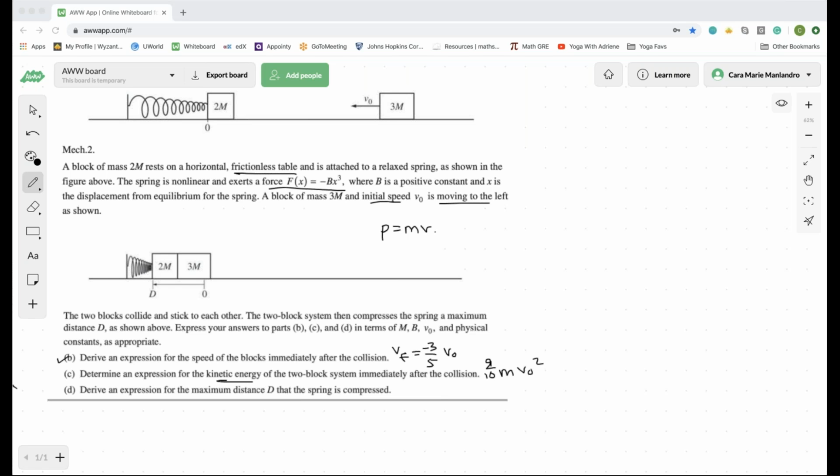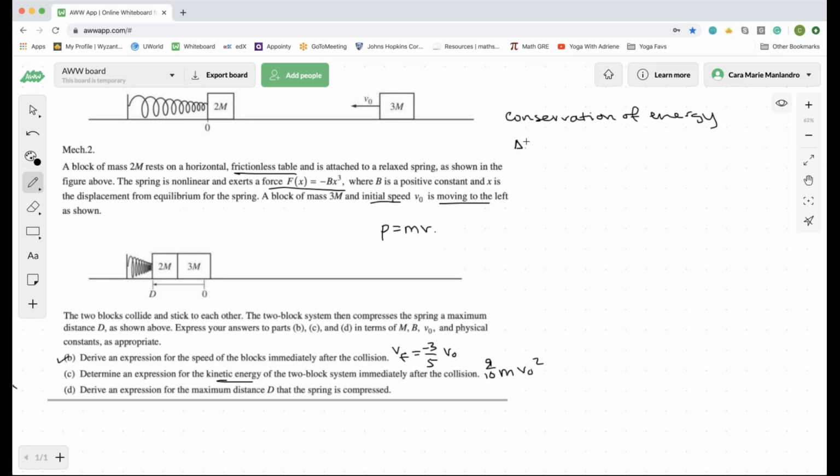Okay, so for part D, we're going to derive an expression for the maximum distance. We can use conservation of energy for this. I think this is still fair game.